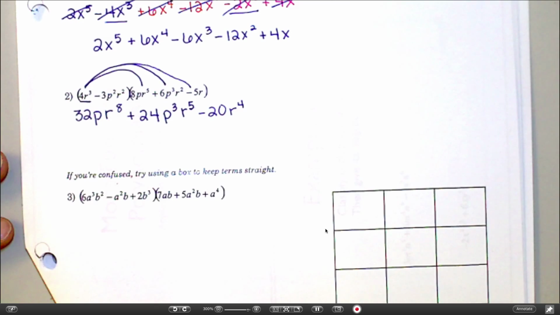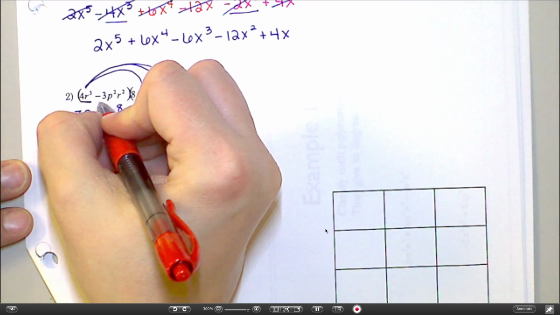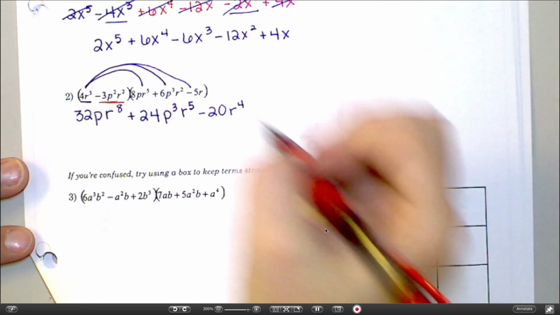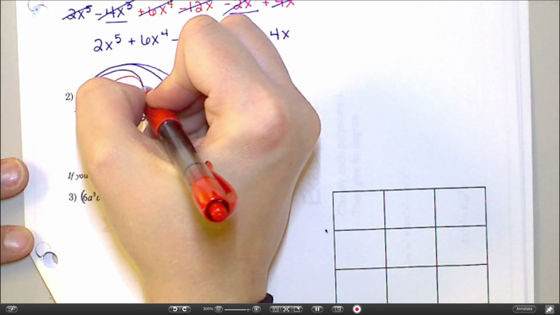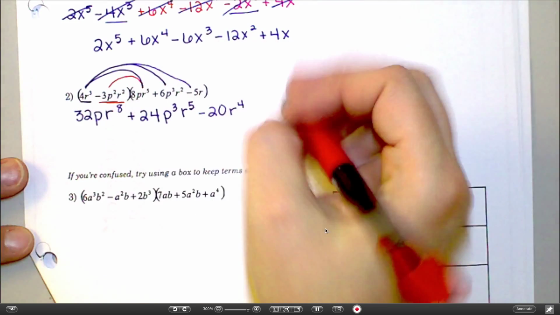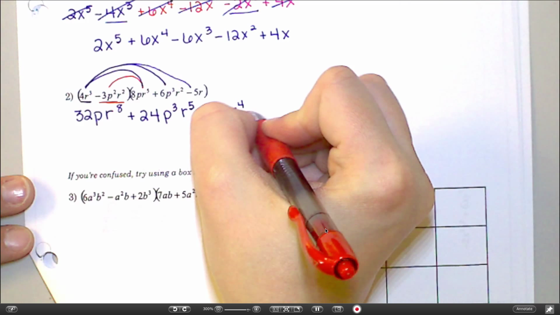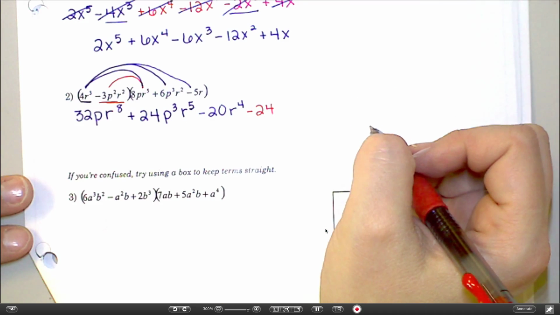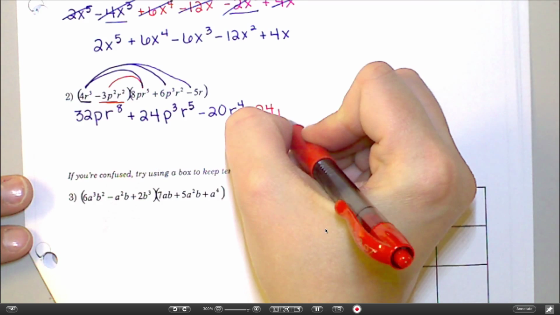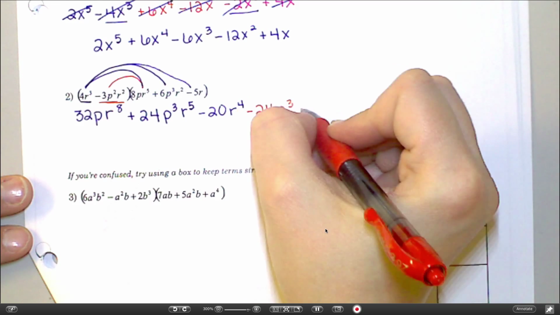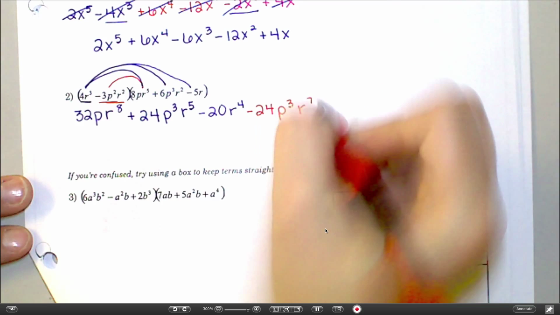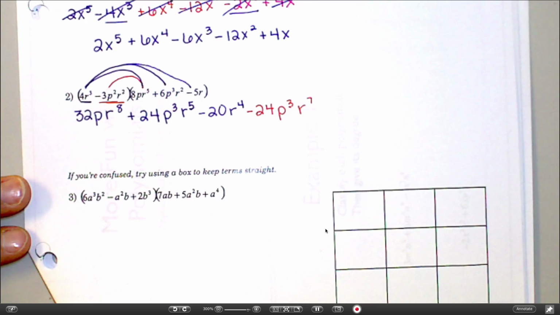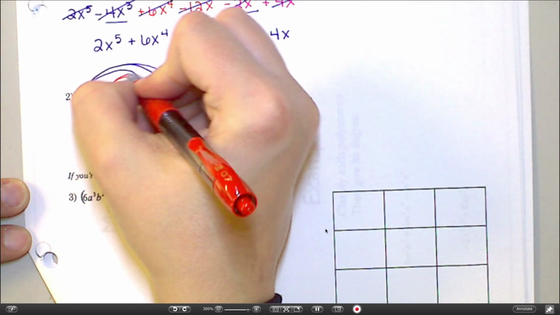Now on to the second term, negative 3p squared r squared. So when I multiply these, negative 3 times 8 is negative 24. P to the third, r to the 7th. Yep. Then I'm going to go to the next one.